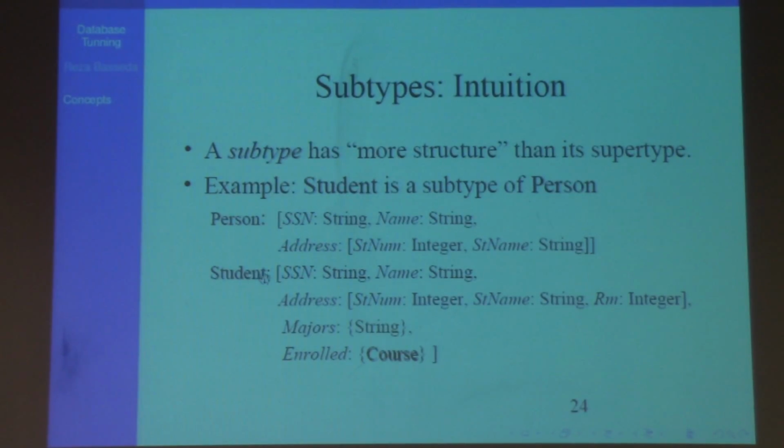So when you want to distinguish whether one type is a subtype of another type, you just need to check the structure. If the structure is the same, but the other one adds more stuff to that, this is called subtyping.